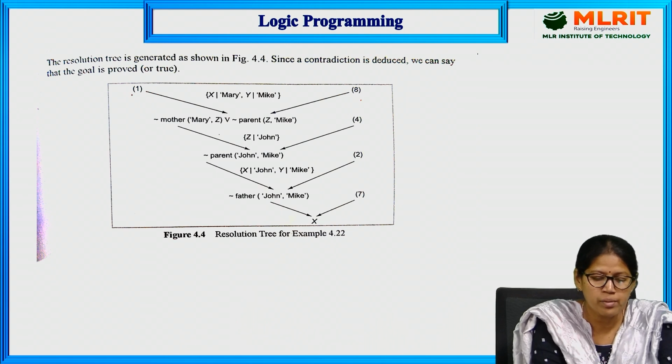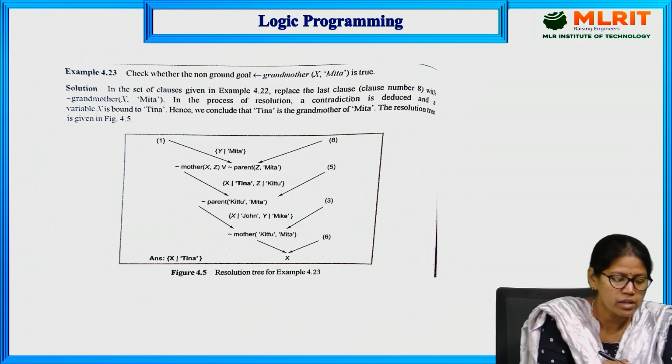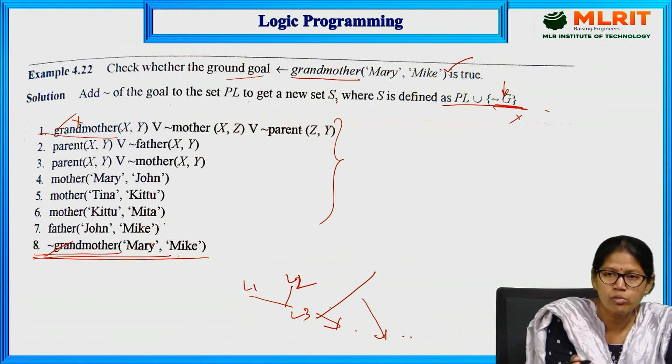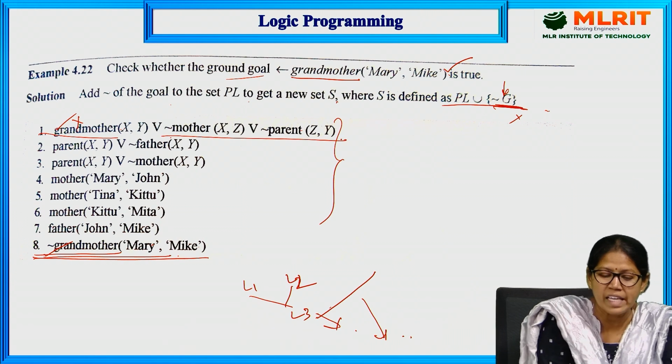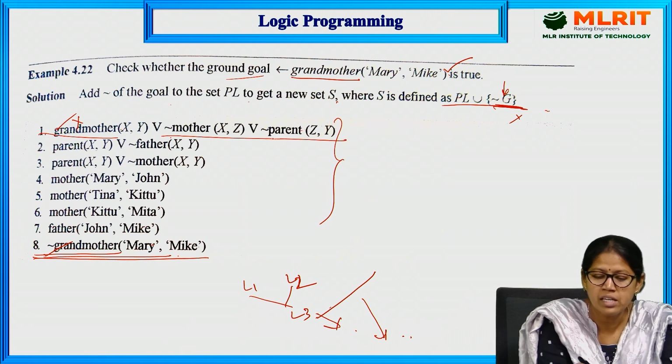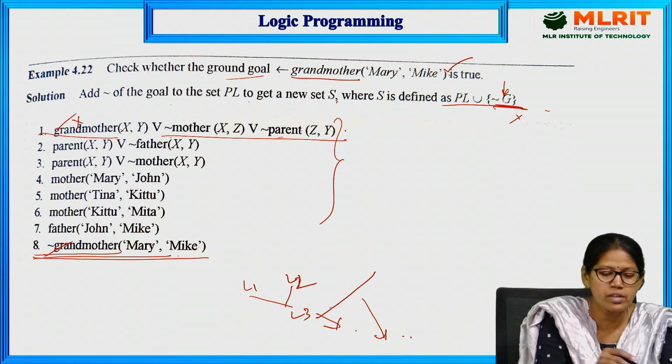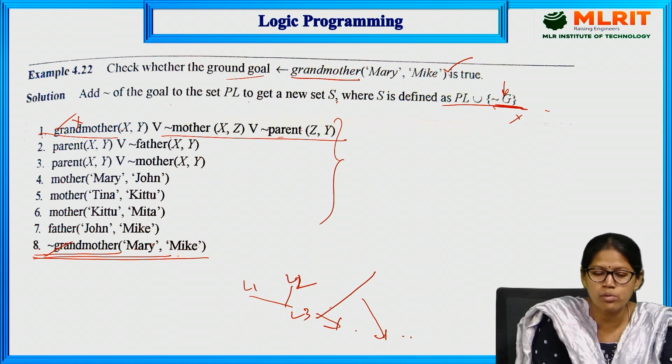So from 1 to 8, from grandmother to grandmother, we eliminated this one, positive grandmother and negative grandmother. What is left is negation mother X, Z, negation parent of Z, Y. This is the new clause after the first and 8th rules collapsed.